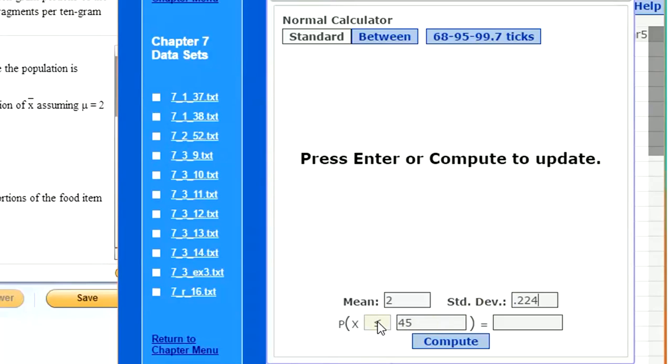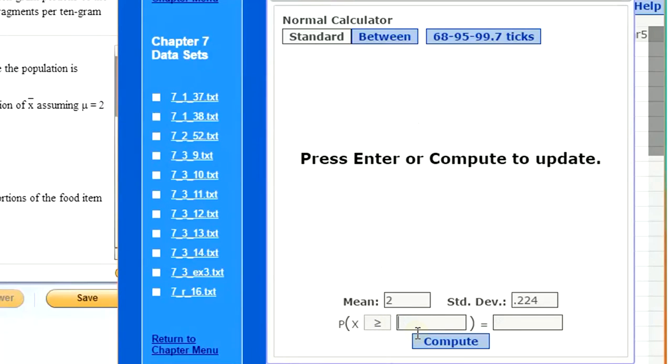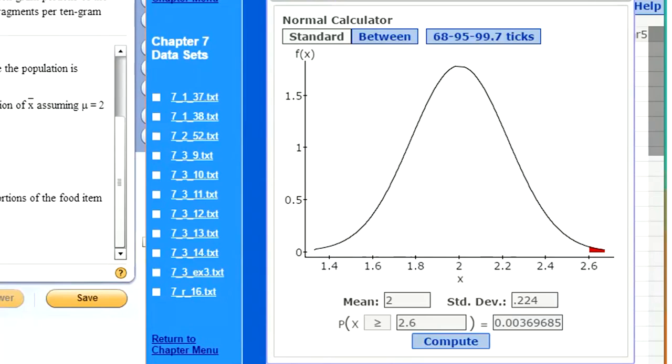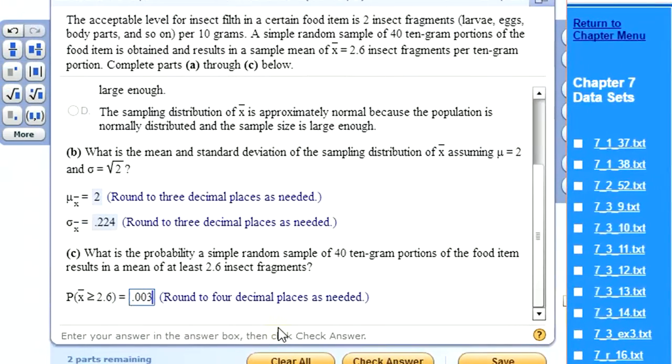The probability that we get a value greater than 2.6 for our sample mean is going to be quite small. Rounded to 4 decimal places, that comes out to be 0.0037.